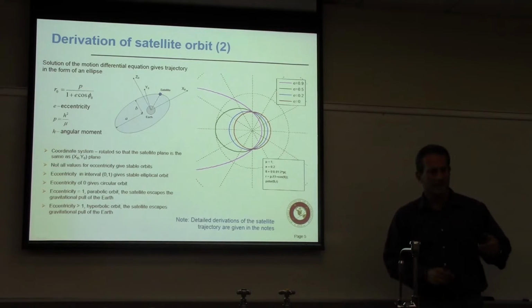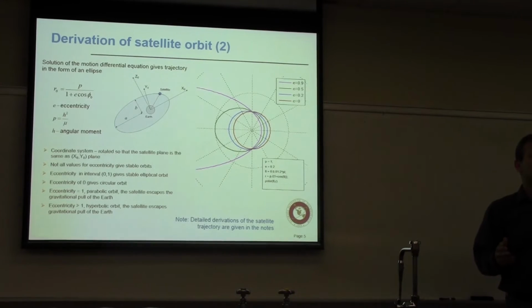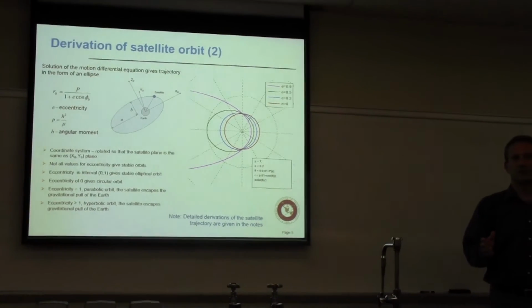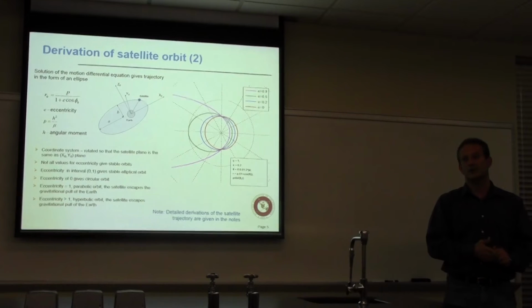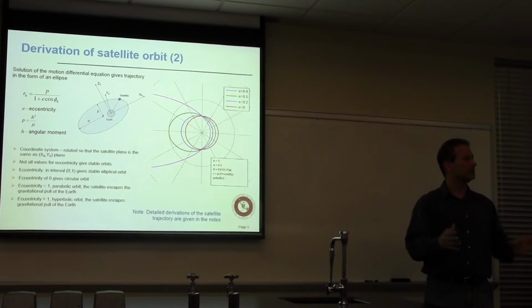When Kepler analyzed the motion of the planets, planets essentially move in orbits that are very close to a circle. The eccentricity is very small. So it took a lot of very precise measurements to even detect that these are ellipses.